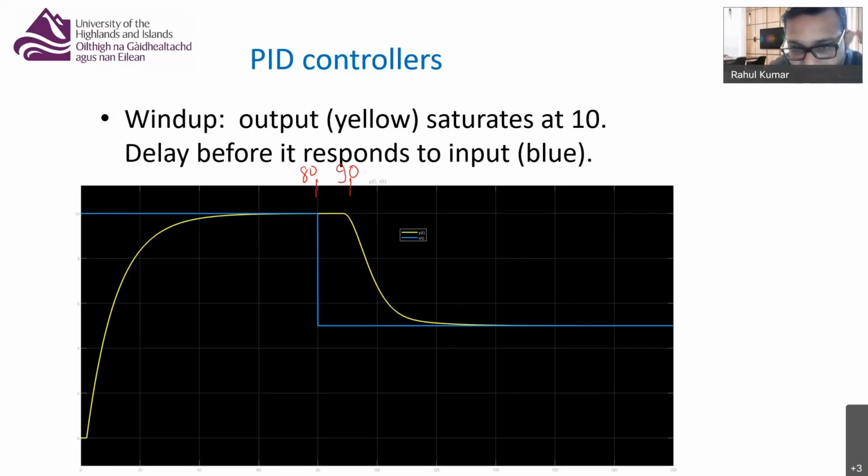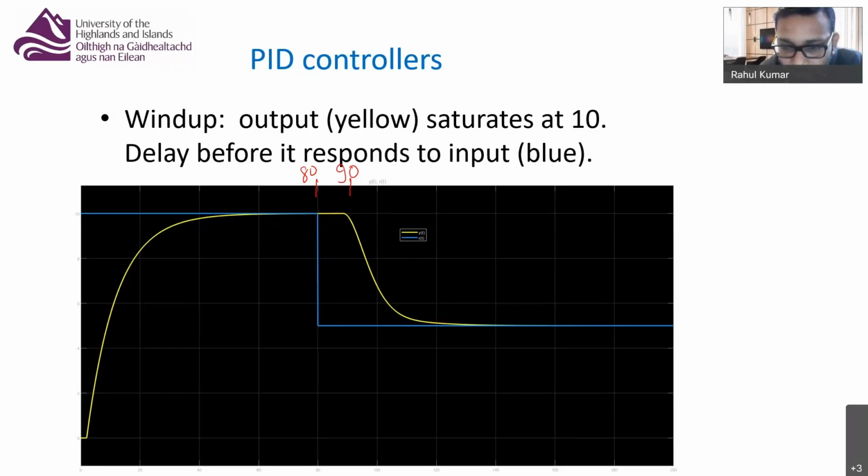So there is a 10-second delay between the input change and the output change. That delay is an example of integral wind up.